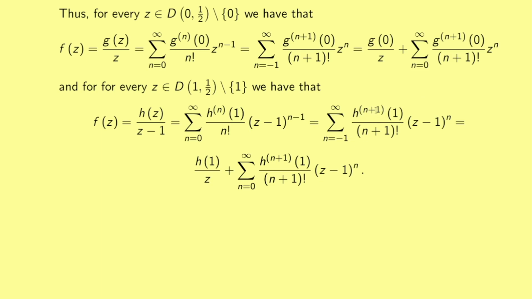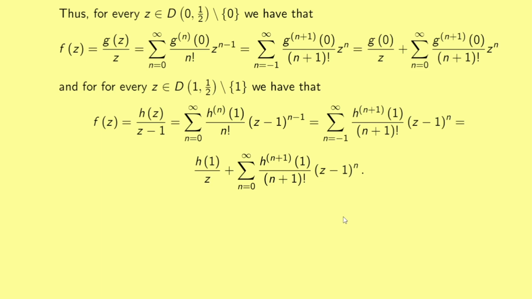As before, this becomes the n plus 1 order derivative, here I get n plus 1 factorial and z minus 1 to the power n. And as before, I can rewrite this expression. I just take the part with the index minus 1, put it here, and leave the other part as a series. With this, I managed to find the Laurent series of f about 0 and the Laurent series of f about 1.